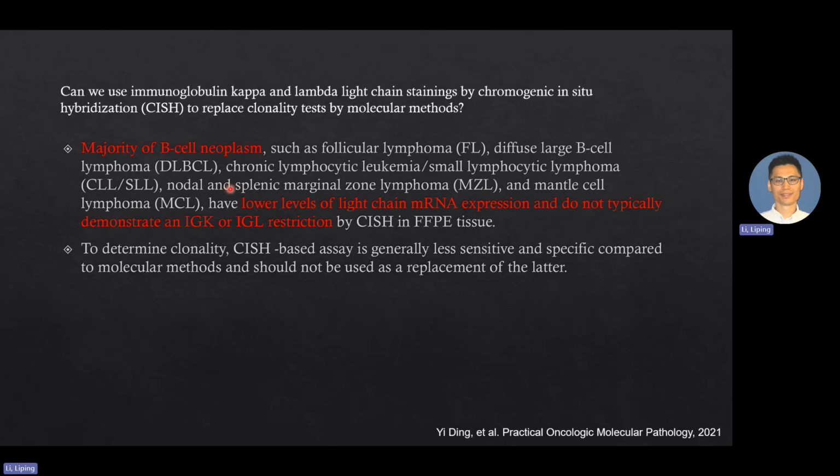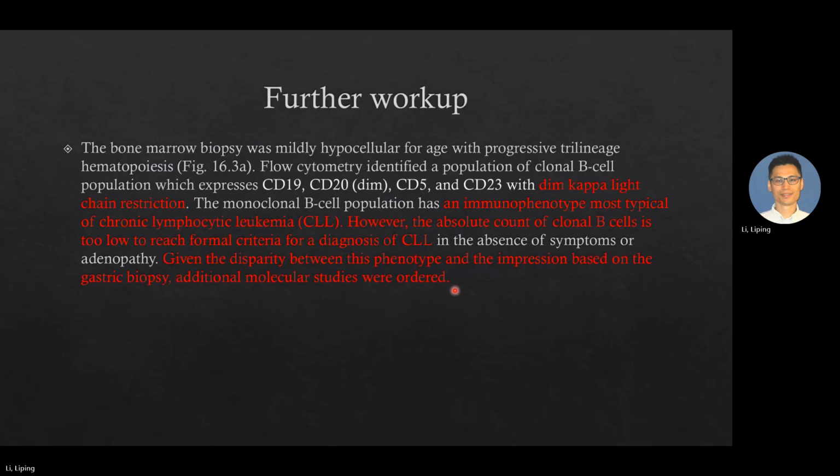This topic just tells you this hybridization method is not as sensitive or specific as our molecular clonality test, because follicular lymphoma, DLBCL, and mantle cell lymphoma have low levels of light chain messenger RNA. So we cannot use this method to replace the clonality test.